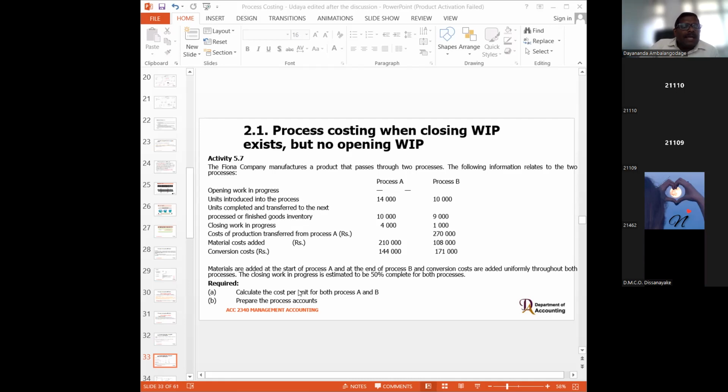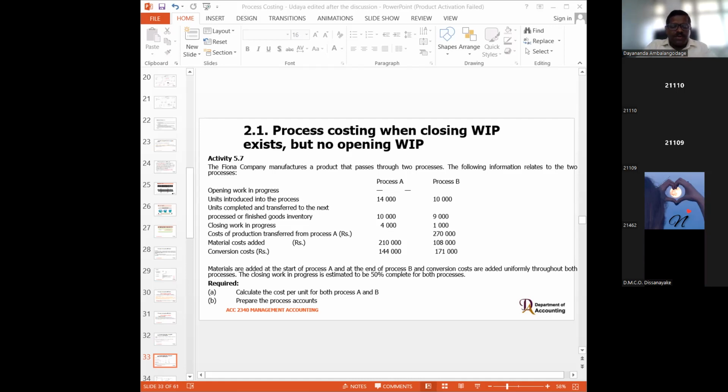But you see that material is added at the starting point of the process A. For the process A, material is basically added at the beginning. So thereby the WIP with regard to the process A is 4,000, 100%. And for the closing WIP equivalent, even though it is 4,000 units, it says 50% completed.